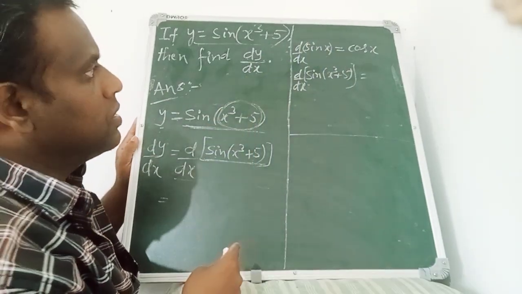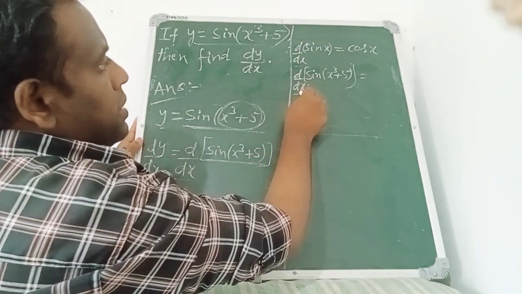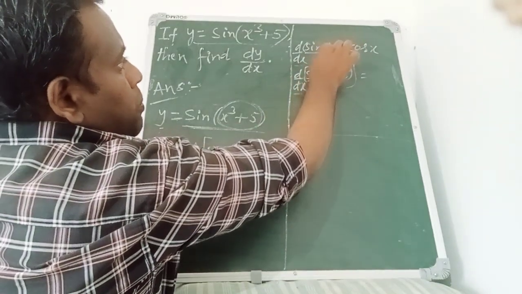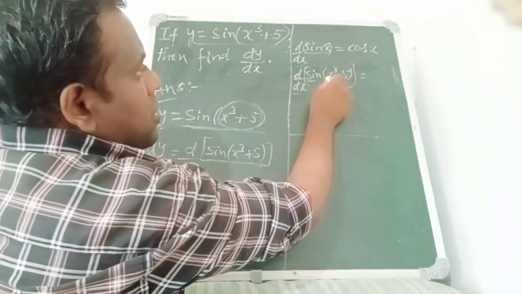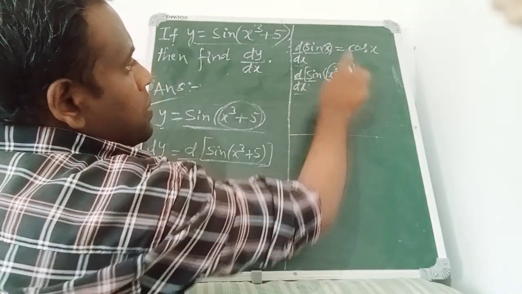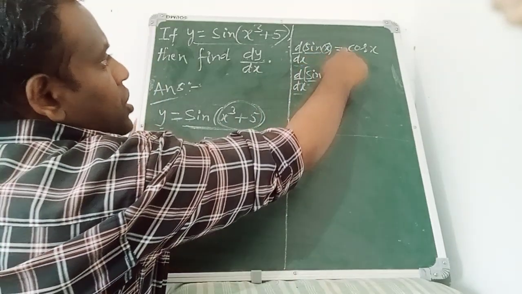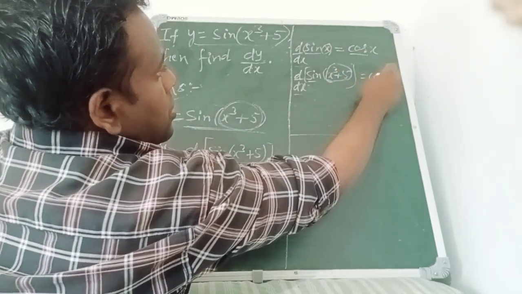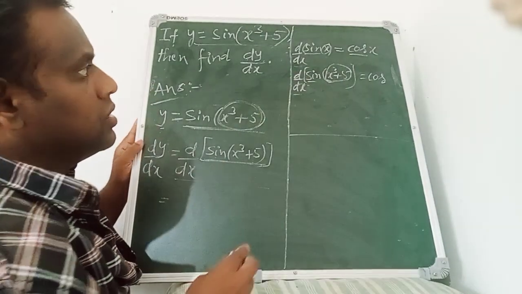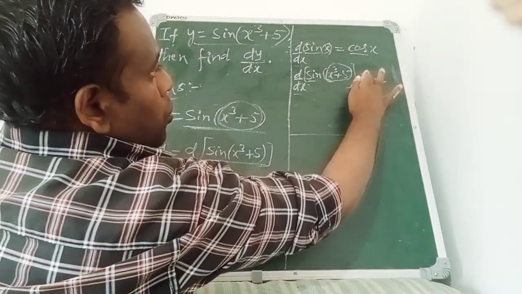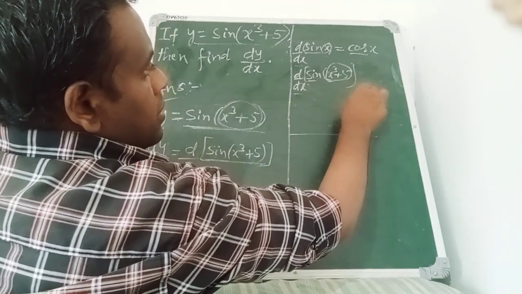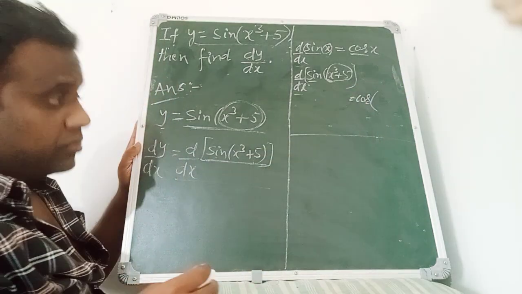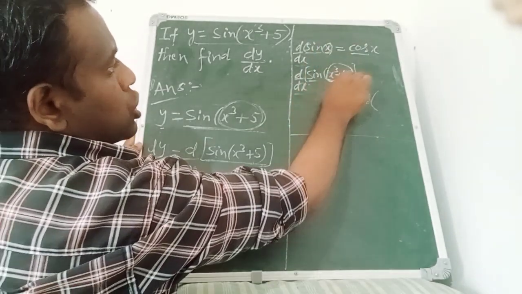Sin is the same, and in place of x we have x cube plus 5.